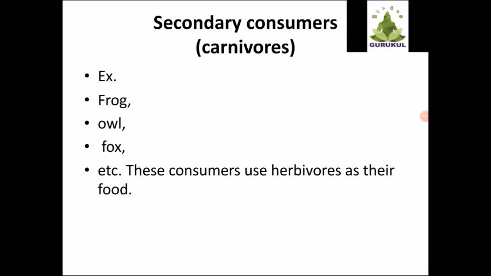Secondary consumers are the consumers which are dependent on the primary consumers, the herbivorous animals, for their food. Examples of secondary consumers are fox, owl, frog.